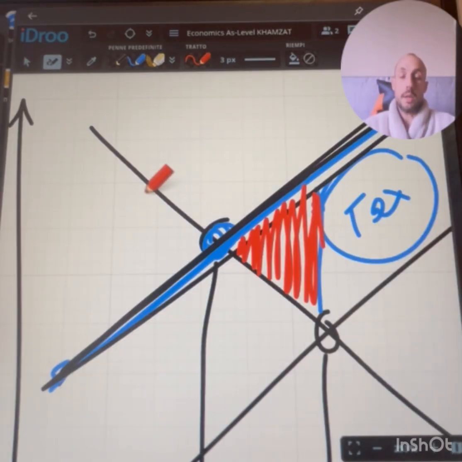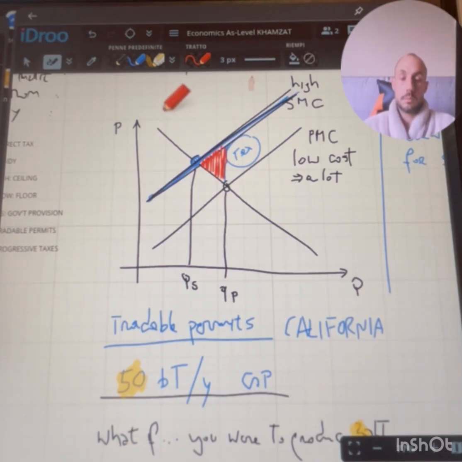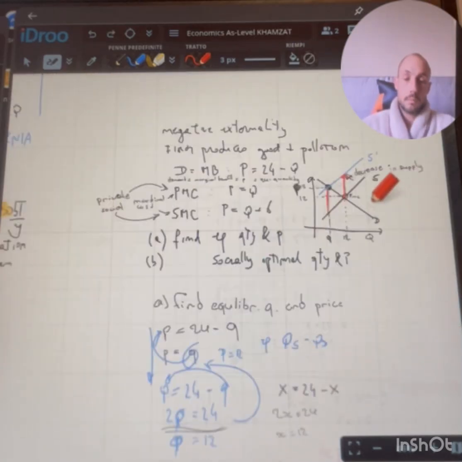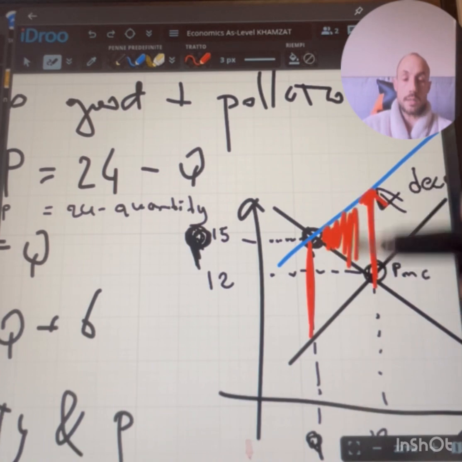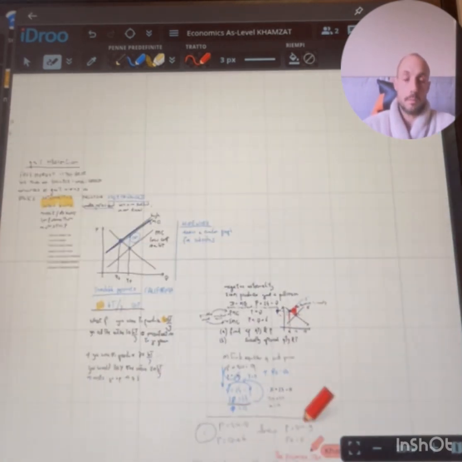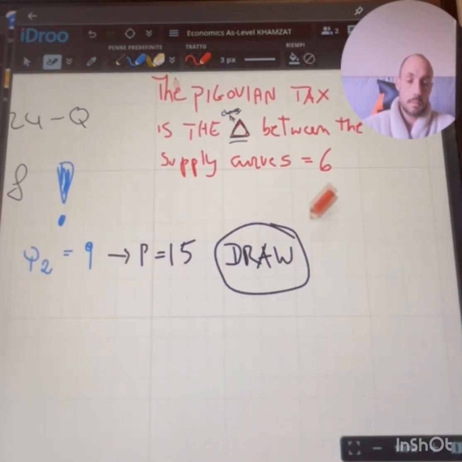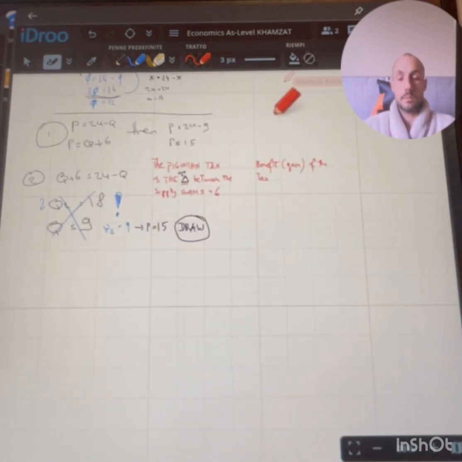Would you like to calculate it very quickly? Actually, that wasn't what I was trying to ask. I was asking down there, the Pigouvian tax. Oh, yes, it's a delta. Yes, it's a difference. But anyway, the answer was correct. Okay. Good.